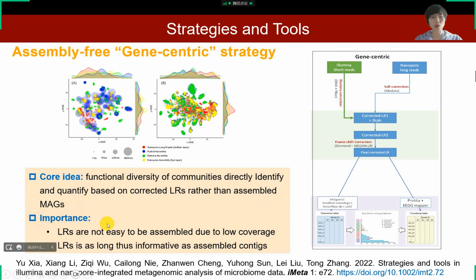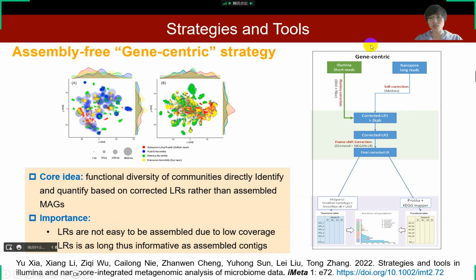The practical importance of this approach is that the nanopore long reads are not easy to be assembled, presumably due to the low coverage issue I have mentioned before. On the other hand, the nanopore long reads are as long and therefore as informative as the assembly in terms of linking the functional diversity to specific microbial lineages.